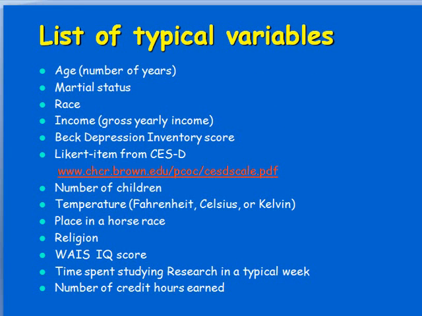First of all, I just want to give you a list of typical variables, and we'll come back to this list, and I'll be asking you to assign nominal, ordinal, interval, or ratio to each one of these as a test of whether you have an understanding of this material.